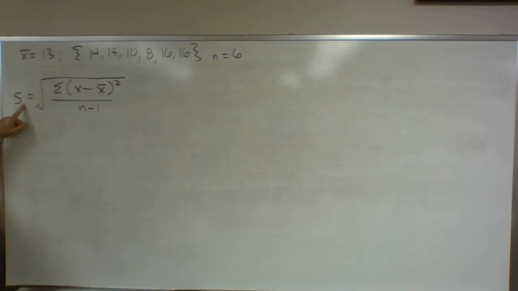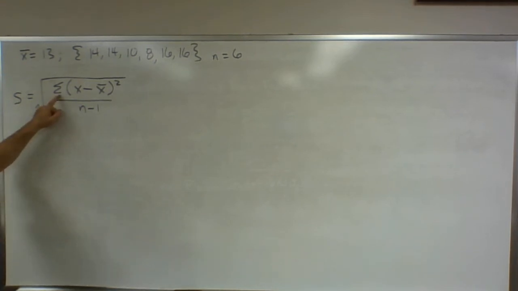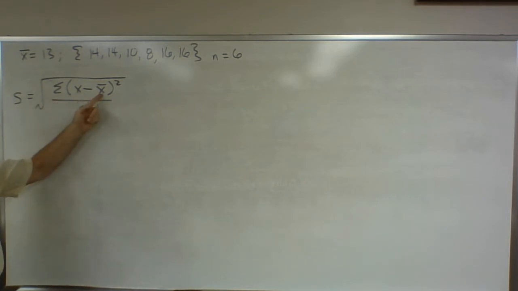The standard deviation S is this monstrosity. And what this says is, for each data value x, we have to subtract the mean from x and square it. And then we have to take that value and add it up.